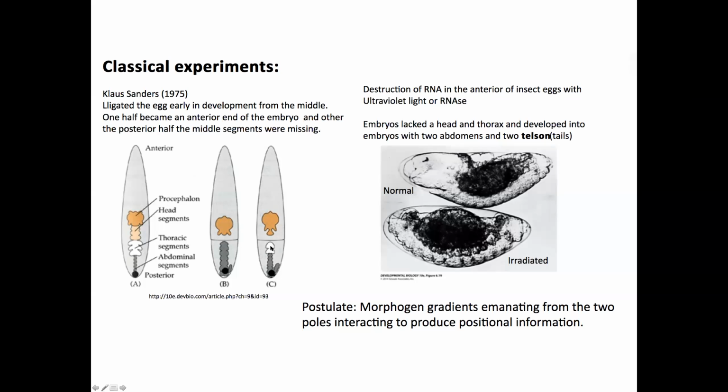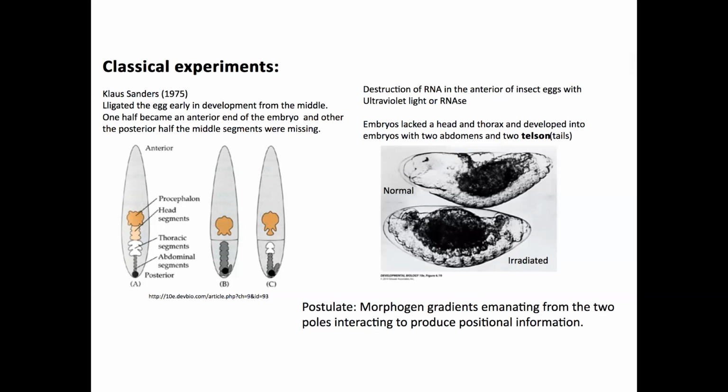These were the first set of experiments done in leafhopper that gave rise to this interpretation, and they postulated the hypothesis that there are probably some morphogens or gradients necessary for positional information.